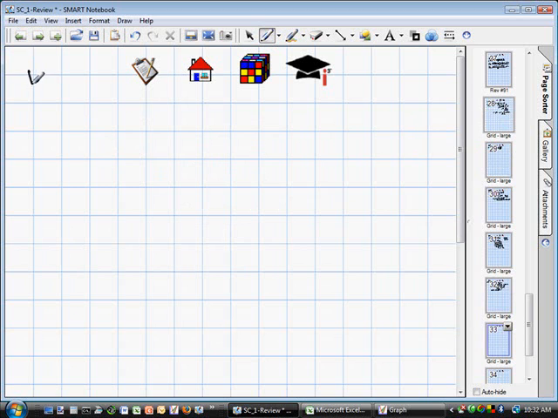Okay, review 109. We have this piecewise function here. On the top we have negative x plus 1, and that is the formula when x is less than or equal to 3.